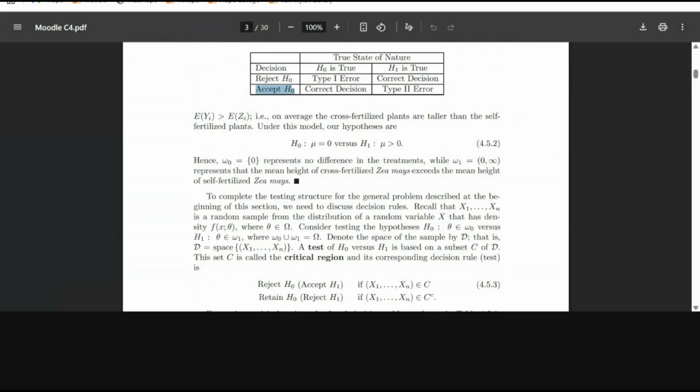So type 2 errors are always more difficult to understand. Is it clear to the class? To compute type 2 errors, you always need to know the true state of nature. There is no calculation of a type 2 error if you don't know the true state of nature. In other words, the type 2 error probability is a highly theoretical concept. It is not something you do in a lab. It's something you do as part of constructing a test so that you know whether your test is reasonable or not.